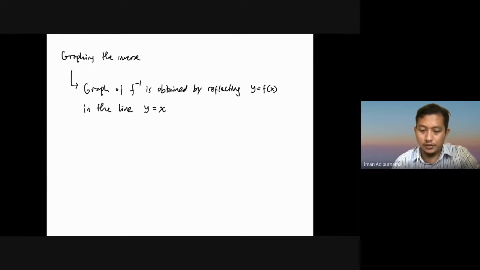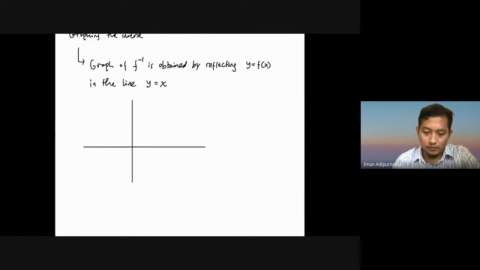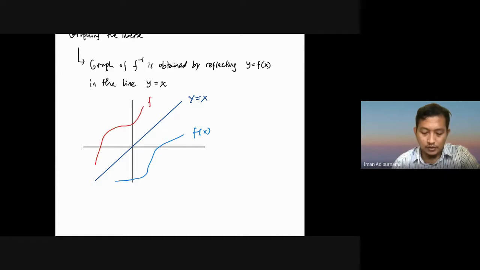So for example, let me draw the line first. Let's say this is the line y equals x. And let's say this is our function here, and this will be our inverse here. Okay? So that's the last one.